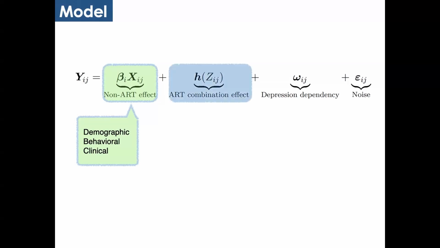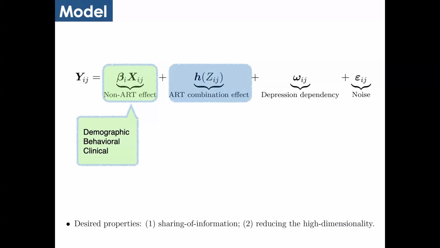And the key part is how can we model the ART combination effects? That's the drug effect. We know this Z_ij is high-dimensional, right? We have a lot of possible drug combinations. So we want a way to reduce dimension so that we can model this drug combination effect effectively. We have two desired properties. The first one is we want some sharing of information among similar regimens.